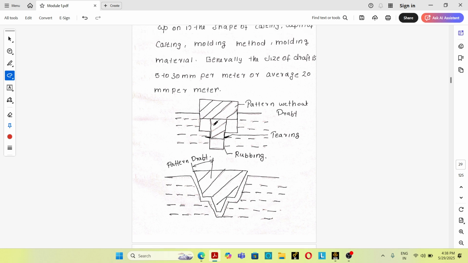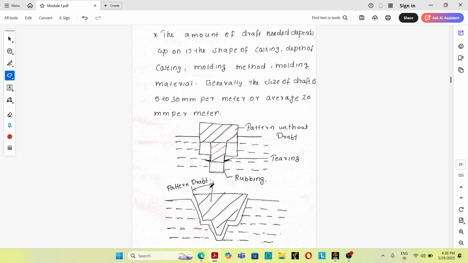You can see, on the vertical face, if we do not provide draft allowance, while the pattern is being removed there is a chance that the mold wall will tear. Due to rubbing, it will be damaged. When we provide a small taper on the vertical face, the pattern can be easily removed. That taper is known as draft allowance.